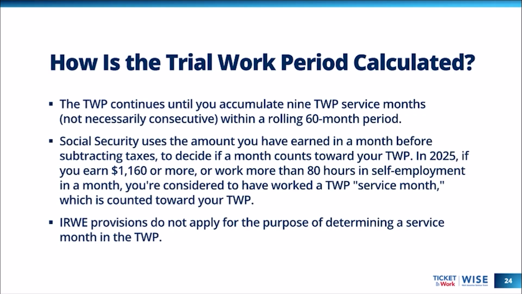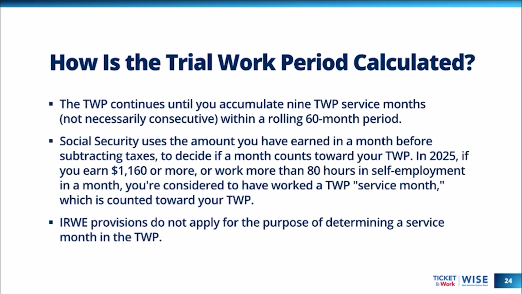Social Security uses the amount that you earn in a month before subtracting taxes. So it is your gross wage that we look at to decide if a month counts towards your trial work period. Again, in 2025, that is $1,160 a month.